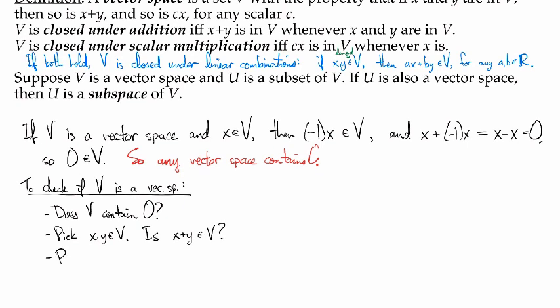And then if we pick just one thing, is any scalar multiple of it still in the set? So we'll explain all this through examples in the next videos.